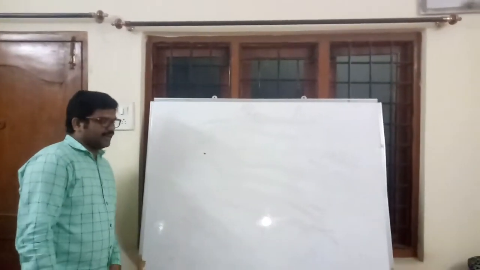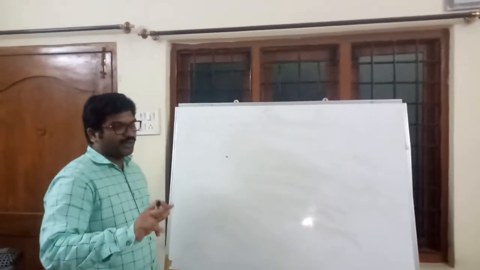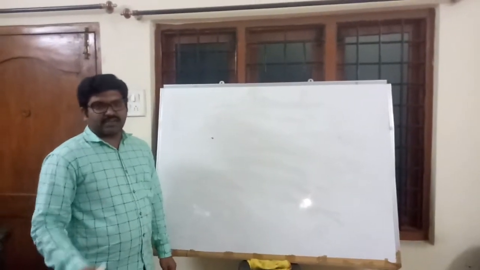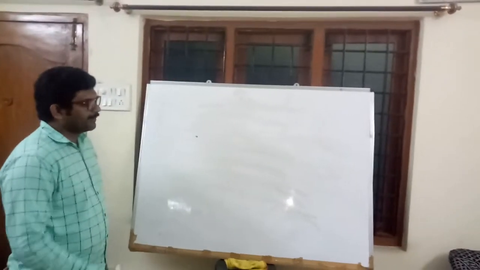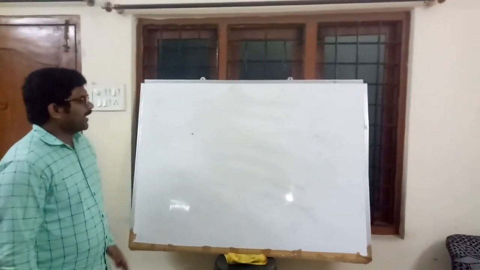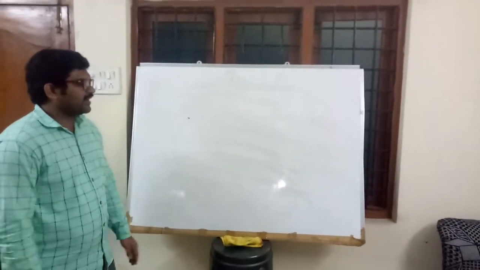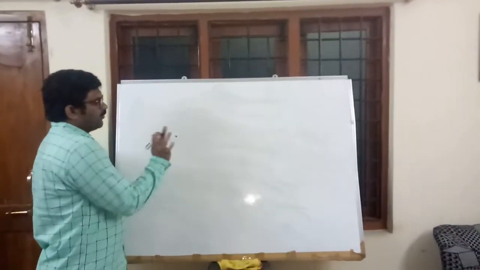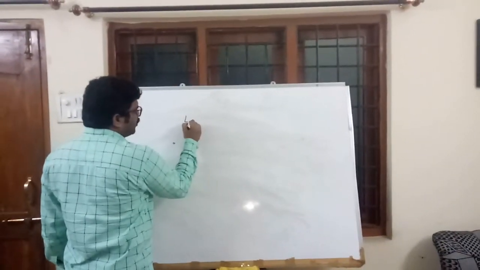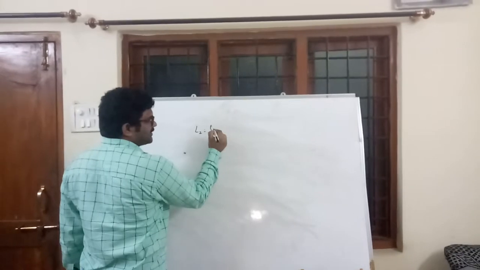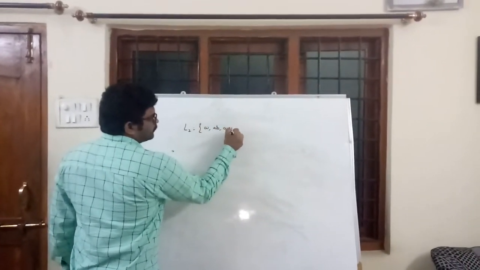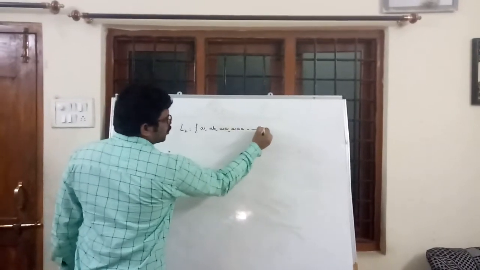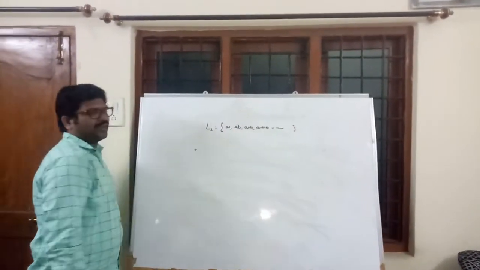Generally, the Alan Turing Award is equivalent to the Nobel Prize in the computer science field. Alan Turing proposed it initially. The major thing is, just now we took an example, L2, an infinite language: strings started with A, which means A, AB, AA, triple A and so on.